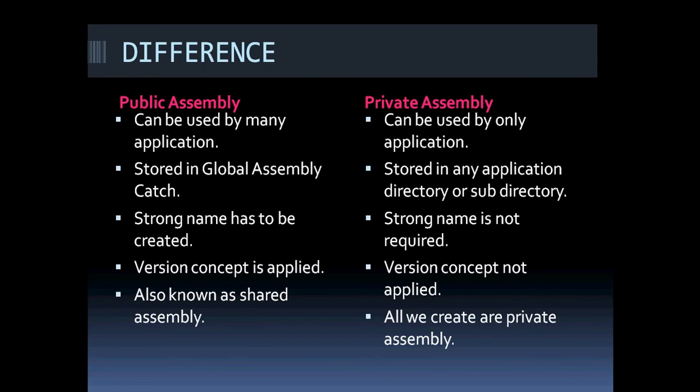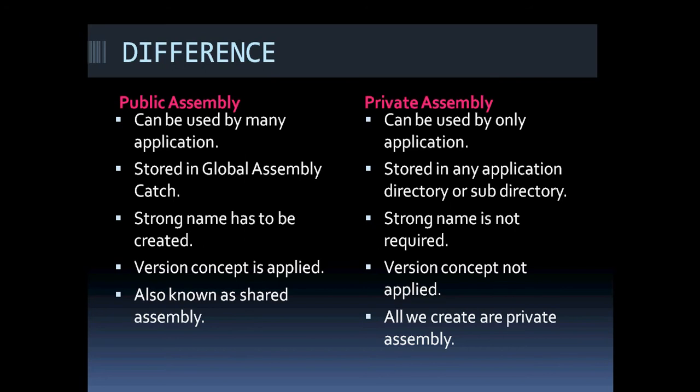So private assemblies are stored in an application directory. A public assembly can be used by many applications, but a private assembly can be used by only one application. A public assembly needs a strong name, whereas in the case of a private assembly we can give any kind of name to our assembly.